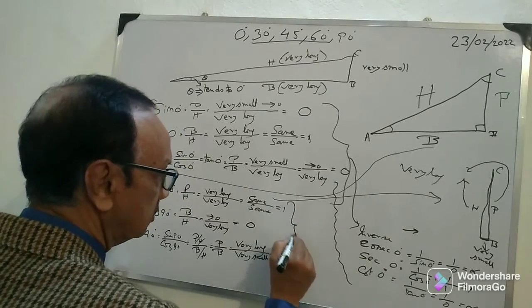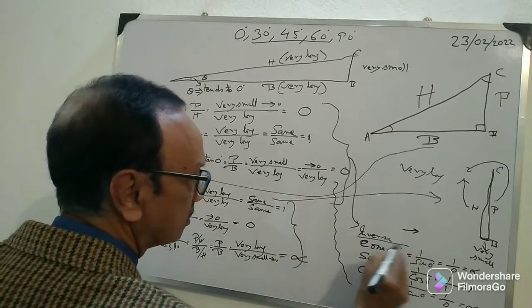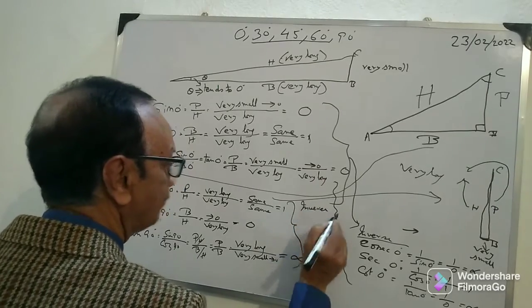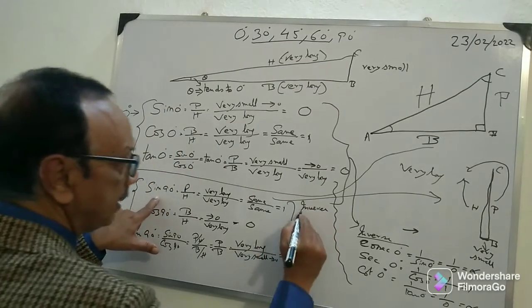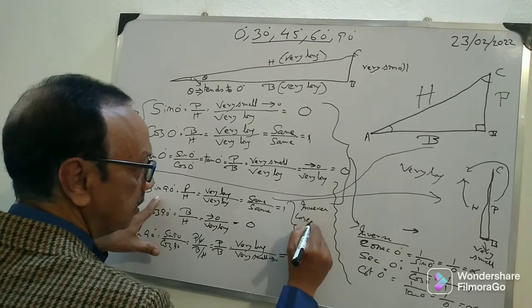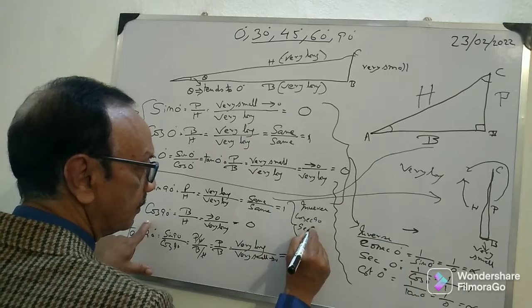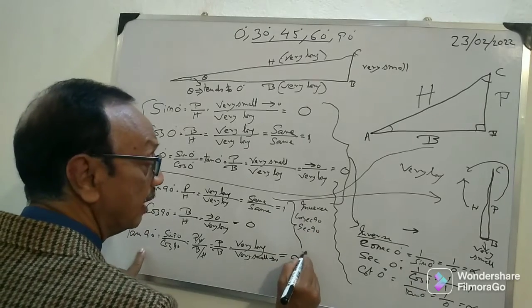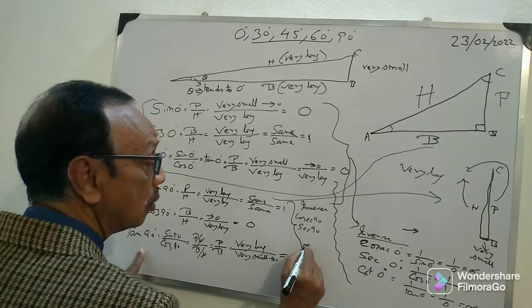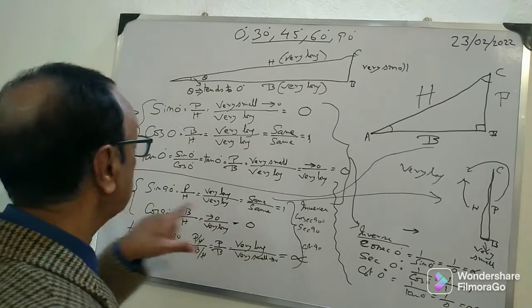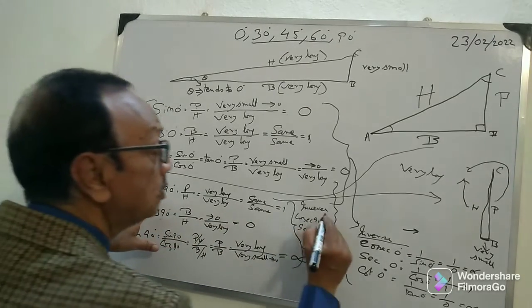Now for 90 degree, the inverses will be cosec 90, sec 90, and cot 90. Cosec 90 is 1 by sine 90, that is 1 by 1, so it will be 1.